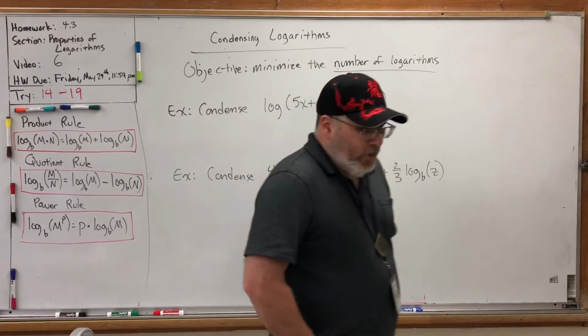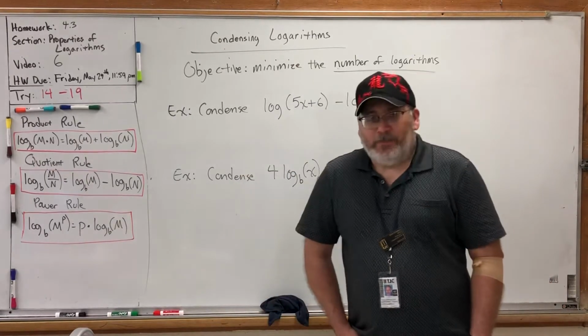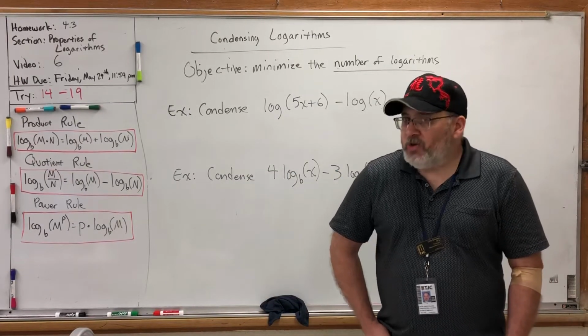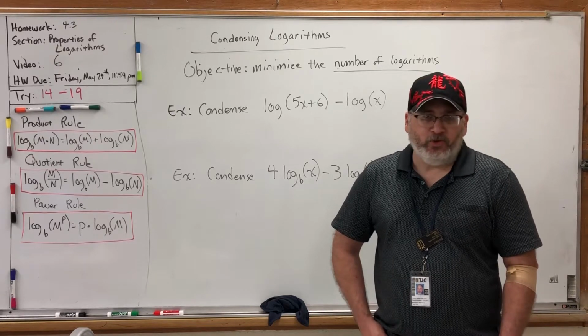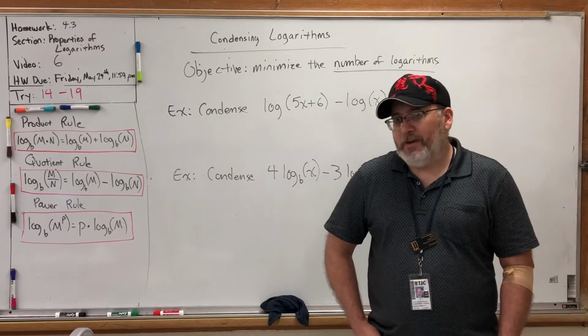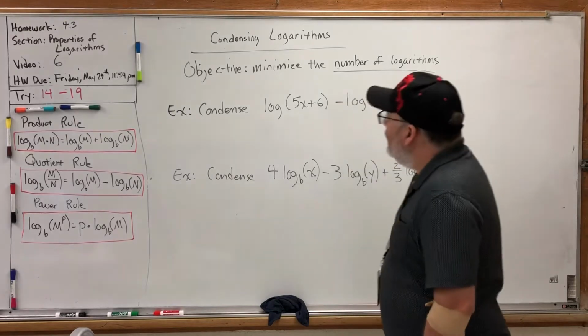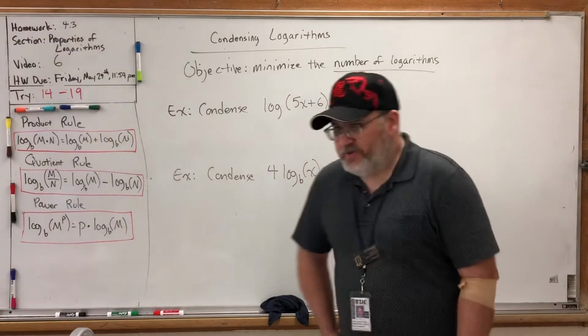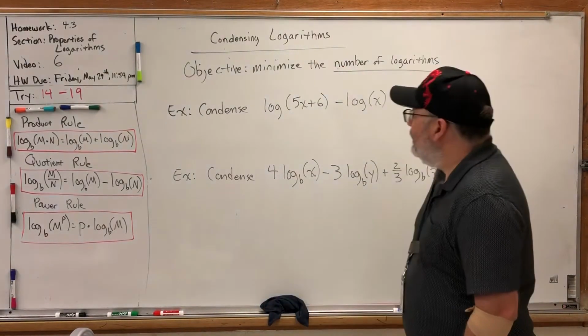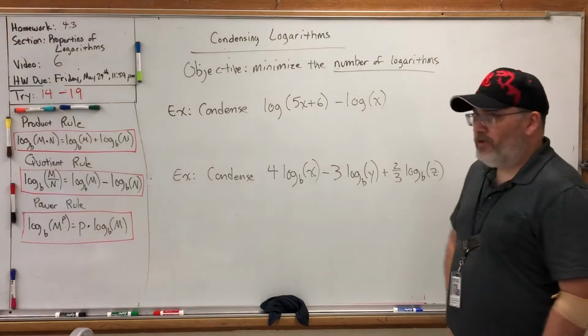In the previous video, we learned about the concept of expanding a logarithmic expression, the objective of which was to make the arguments as small as possible. Condensing logarithmic expressions is pretty much the reverse. The objective is to minimize the number of logarithms.